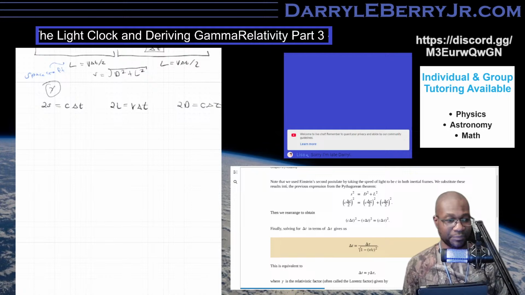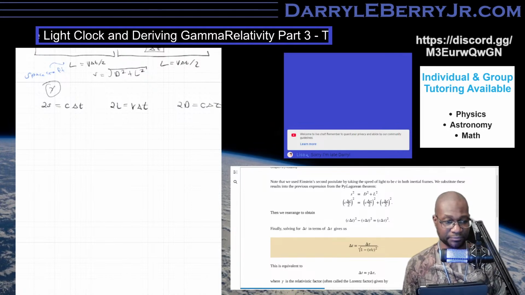And it says that, note that we use Einstein's second postulate by taking the speed of light to be c in both inertial reference frames.